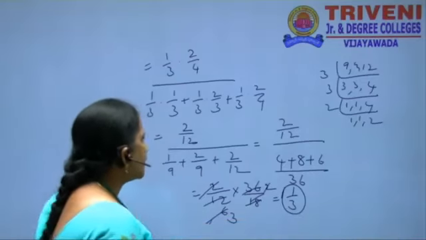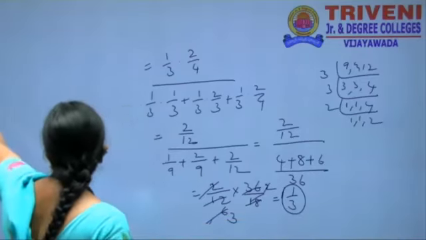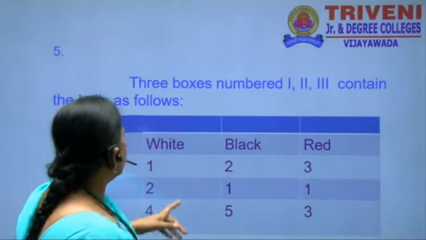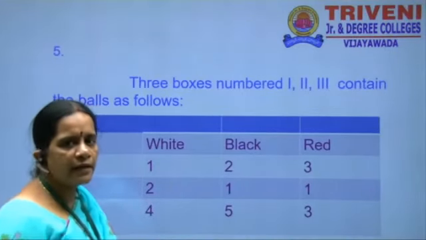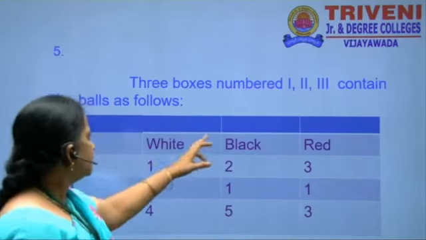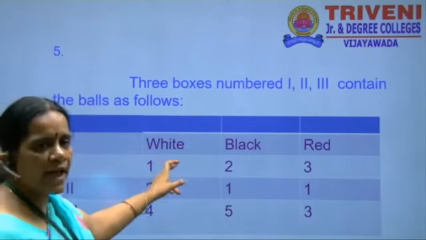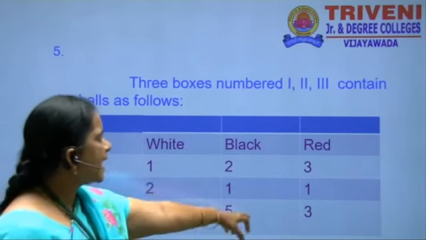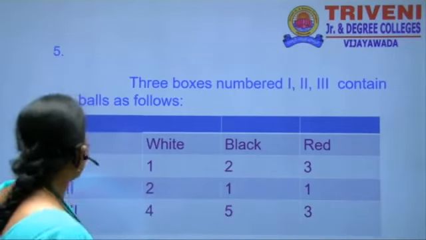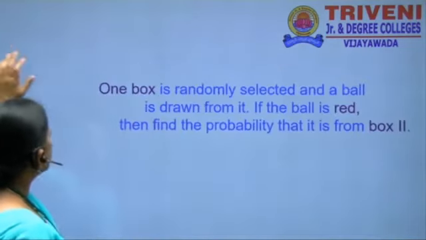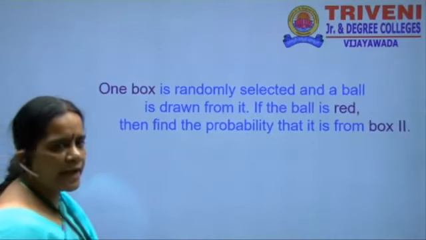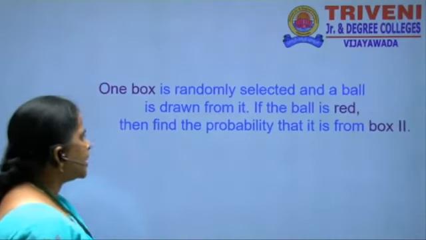Okay. And then we are going to the next problem. Here 3 boxes are there. Every bag has white, black and red balls. Then one box is selected randomly and a ball is drawn from it.